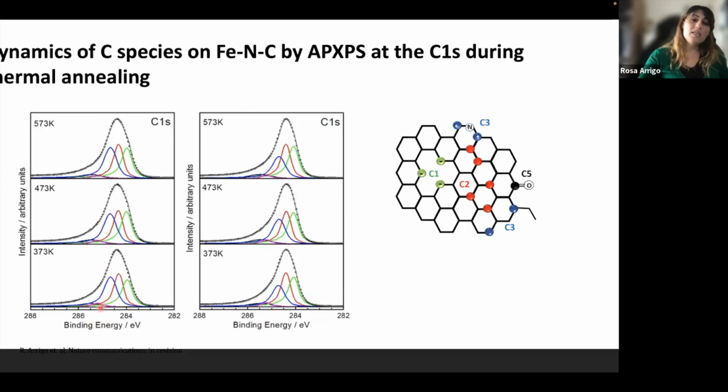And what we can see is that when we increase the temperature, we don't see significant changes. So the structure of the graphite is actually stabilized, and all the dynamics are observed under polarization conditions. And particularly the atomic carbon was characteristic of CO2 reduction, electrochemical reduction conditions.